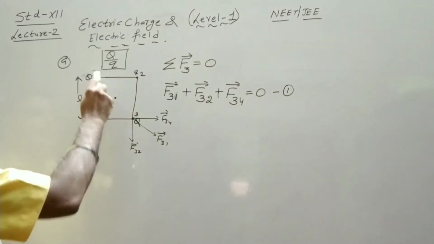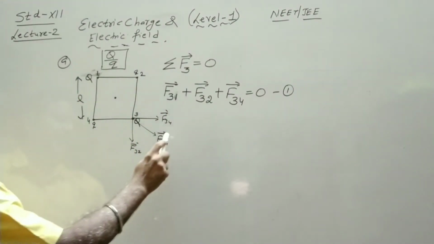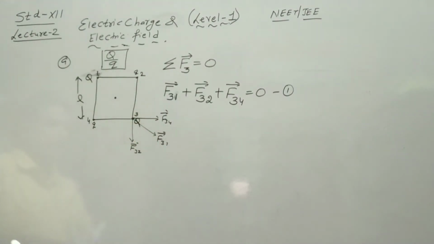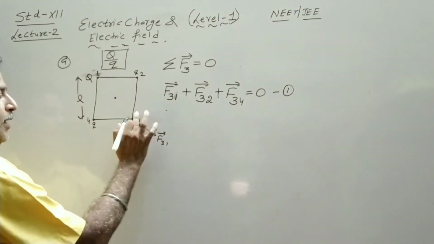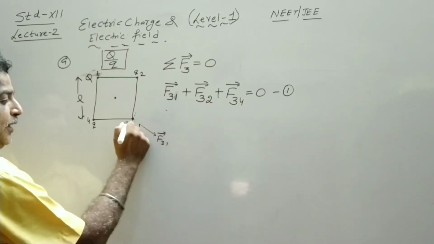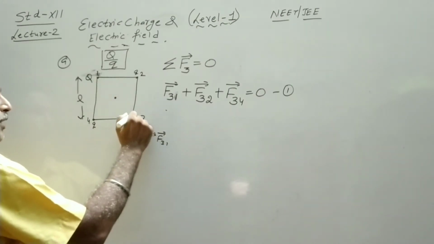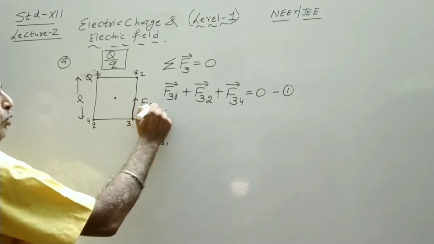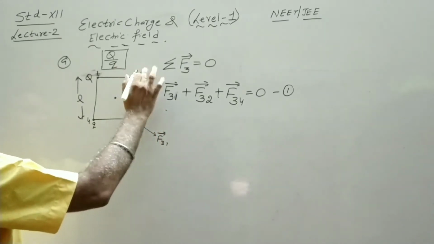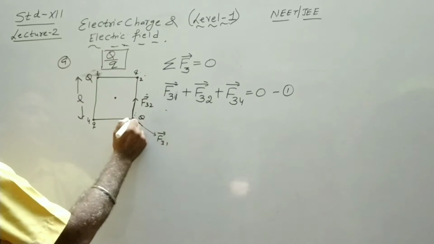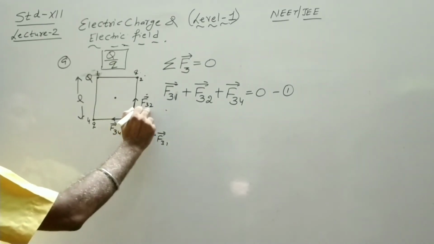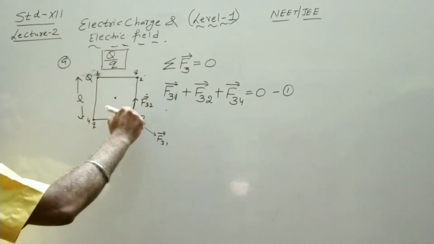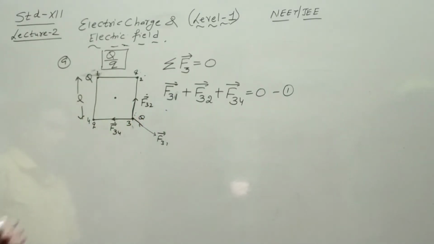If you take capital Q as positive, and I take both the small q charges as negative, then there will be a force of attraction. Now the resultant of F32 and F34 is towards the center, so it is possible that you get a resultant of 0.